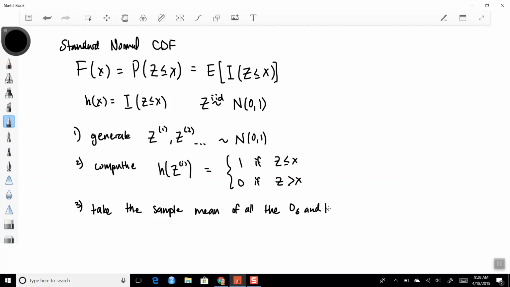So our estimate of the normal CDF is h bar of n, which is 1 over n times the sum of this indicator function.